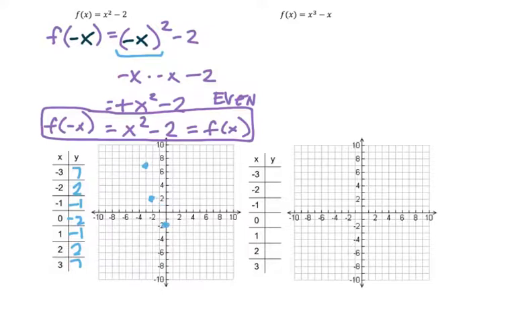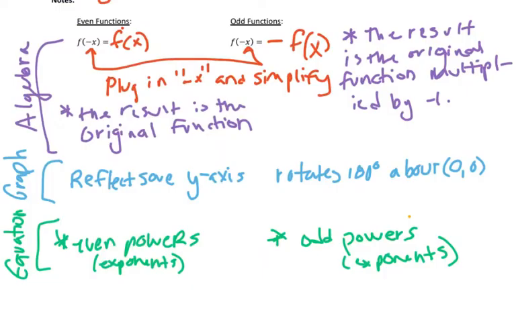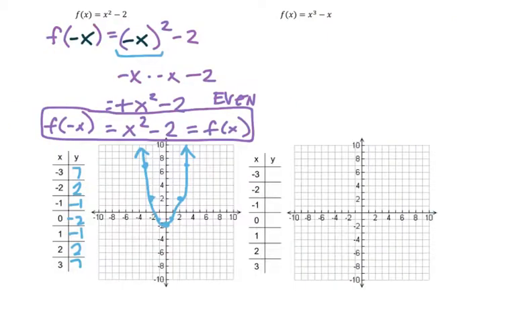I was wondering why that was a little off. 1, negative 1, 2, 2, and then 3, 7. Okay, so if we take a look at this, we're looking for, does it reflect over the y-axis? And so here's our y-axis.